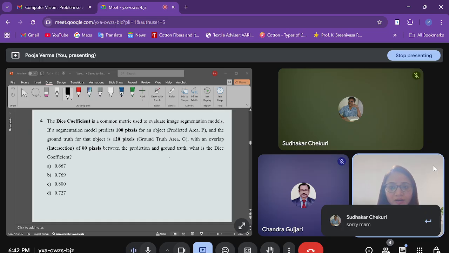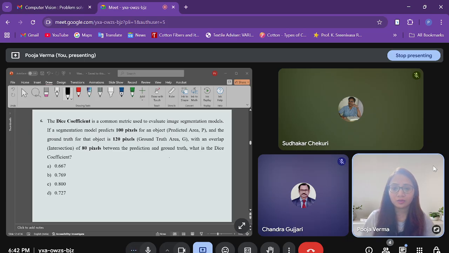So no idea about what a Dice coefficient is. Okay, I will let you know: the Dice coefficient is also known as the F1 measure or F1 score. You must have heard or studied F measure somewhere, like recall, precision, accuracy, F1 score. We are measuring these all the time whenever we perform deep learning or machine learning tasks.